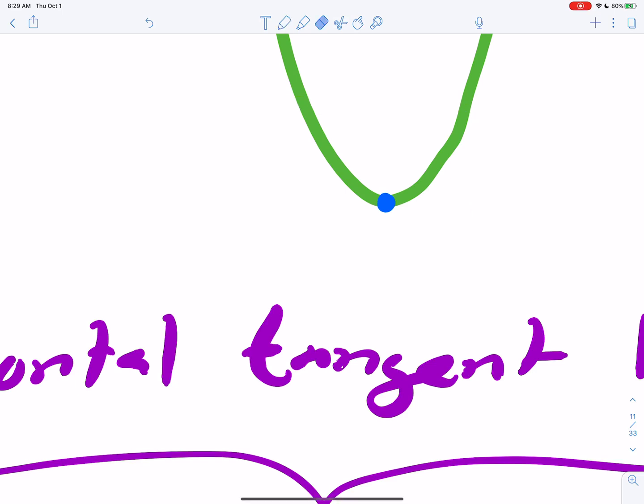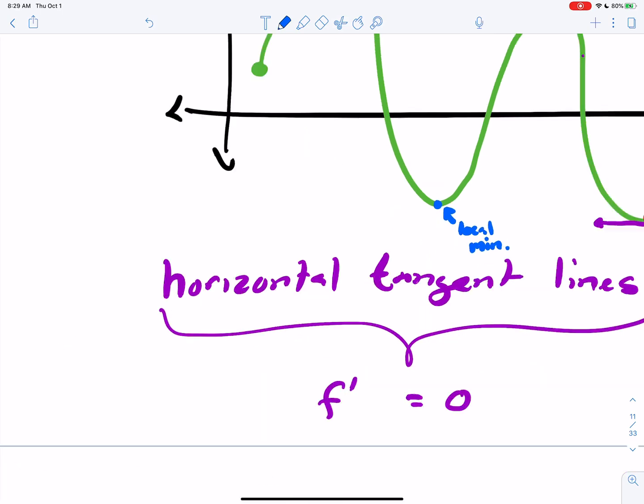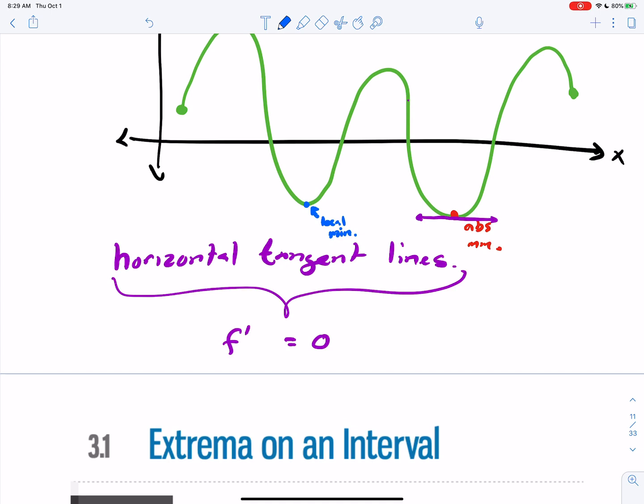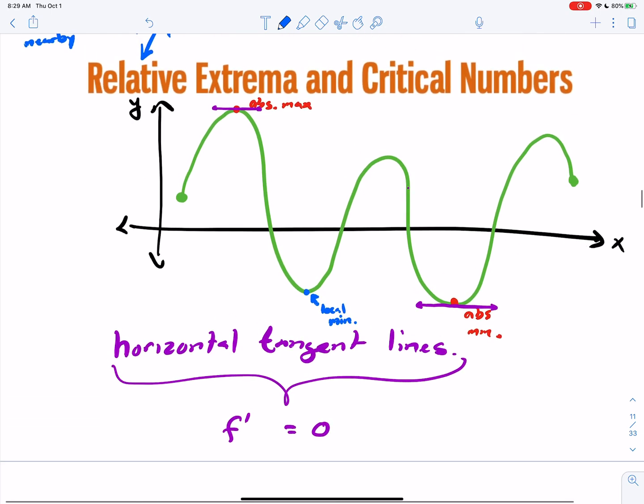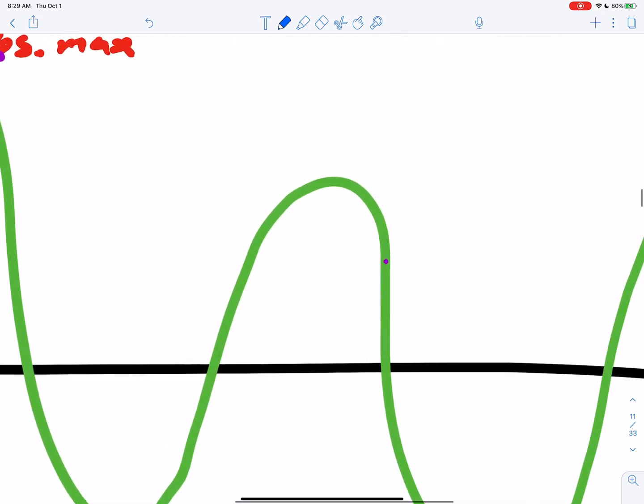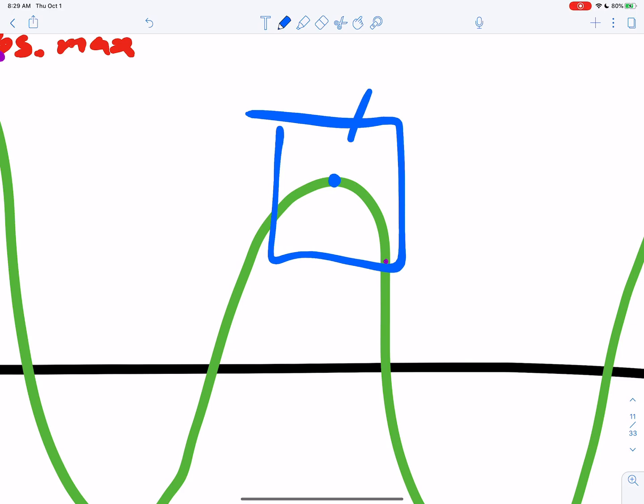So I can call that my local extrema or my local min. It definitely isn't the absolute minimum, but locally it's a minimum. Same thing here. In this area, that is my local max, because in that blue square locally, that is the highest point.